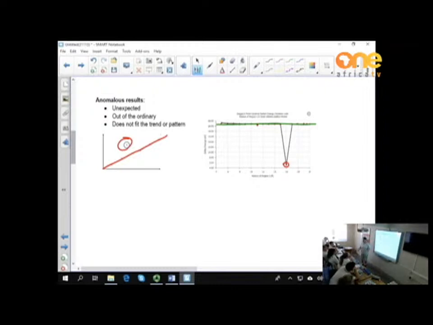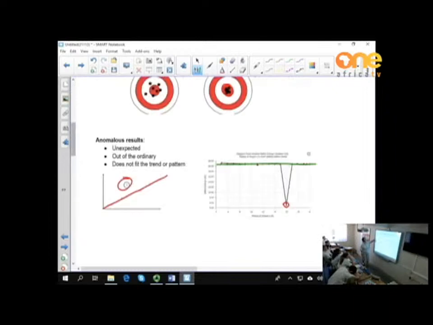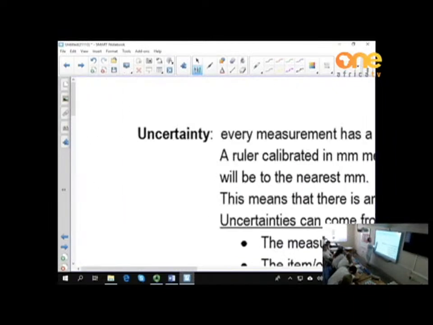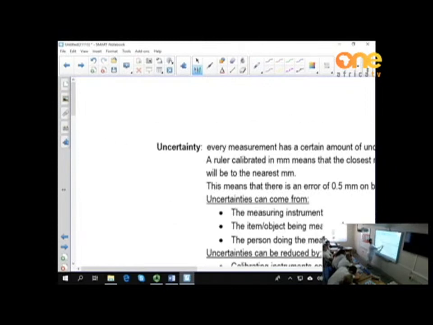If you're busy with the experiment and you realize this reading does not fit the pattern, you can throw the reading out and redo that one. If you keep getting one that doesn't fit, then you ignore it and you carry on if you've got 10 others that do fit. Do you understand? All right. Anomalous results. And lastly, we've already done a little bit on uncertainty.